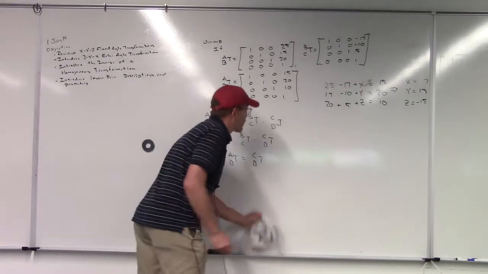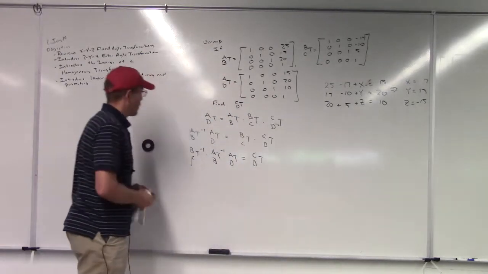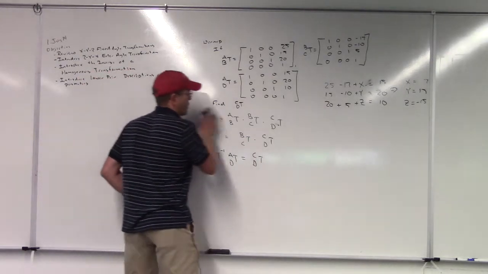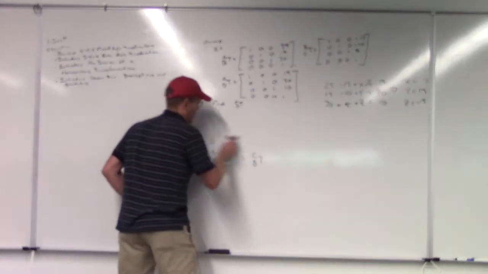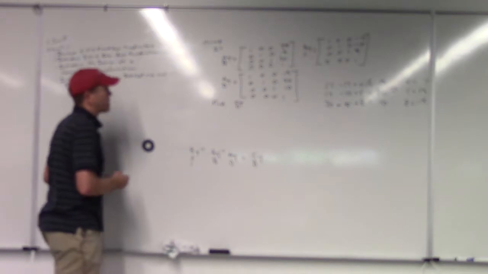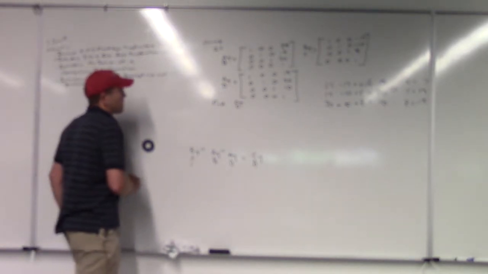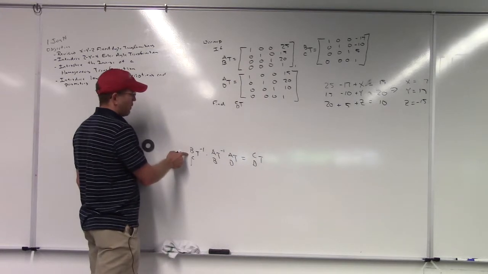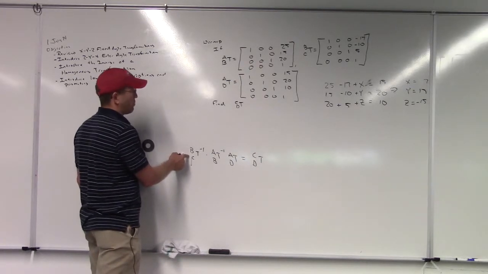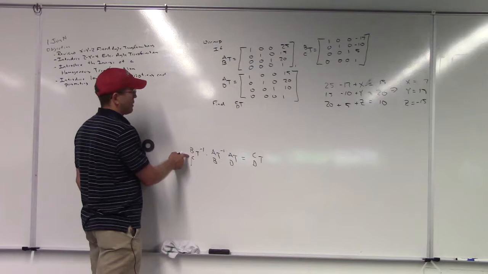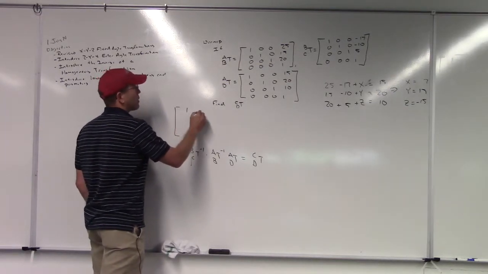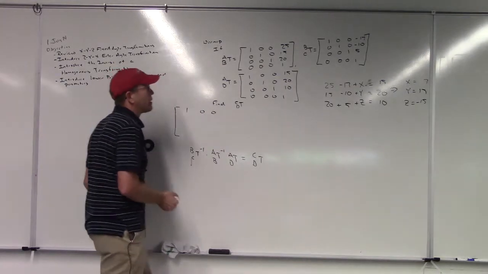Okay, so with that then, we know what we need to take, and I'm going to erase this portion here. Hopefully you guys have that in your notes if you intend it to be there. So we have the inverse of the transform from B to C. So what would that look like? Isn't it just the B to C one, but just the sign switched on the top right three?